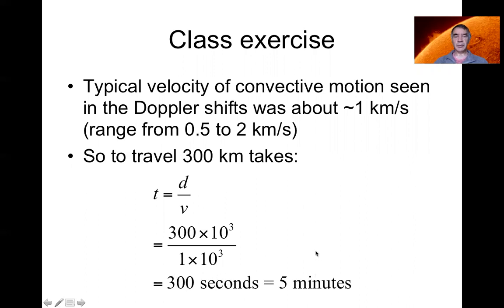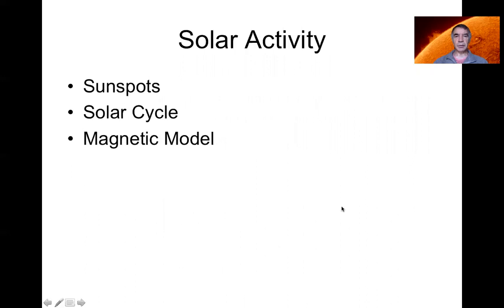Okay. So hopefully that gives you a feel for how fast things are changing there on the surface of the sun. So this whole thing is bubbling over on those kinds of time scales. Okay, so let us now move on to today's topic, which is solar activity. So we started moving from inside of the sun to the visible surface of the photosphere up into the corona.